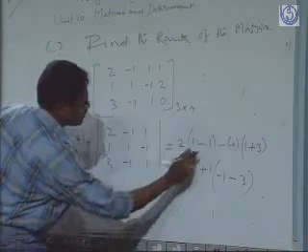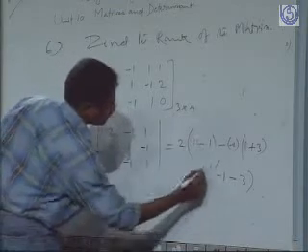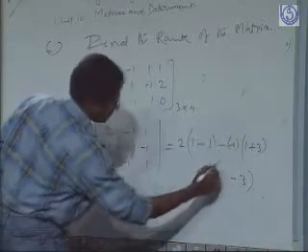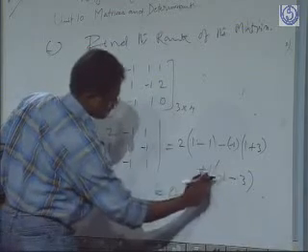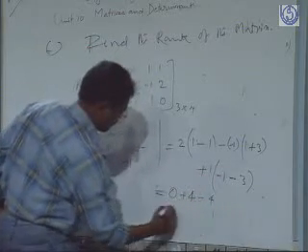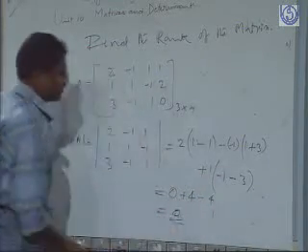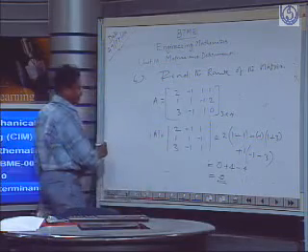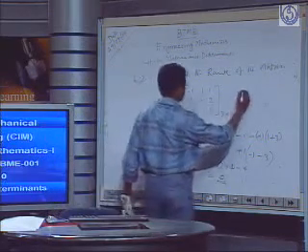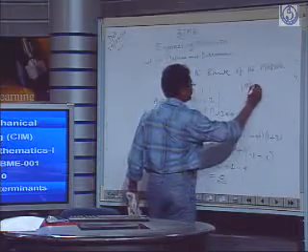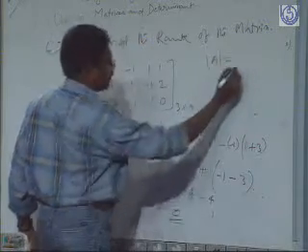So how much are we getting? This is 0, and then minus minus plus, this is 4, here 4, 4, so minus 4, so this is also 0. So in finding the rank of the matrix, the determinant of the matrix is equal to 0.